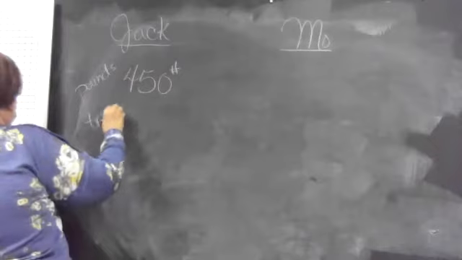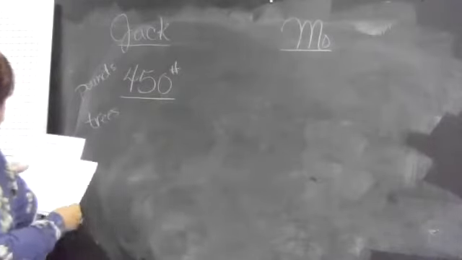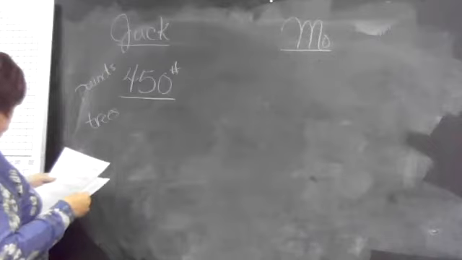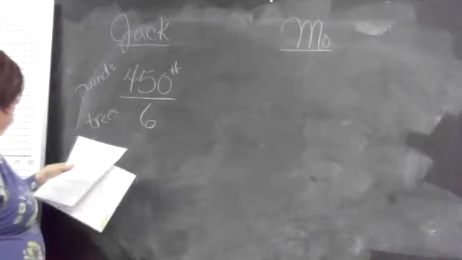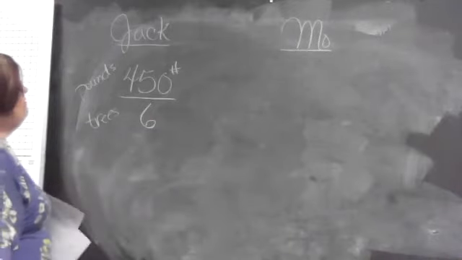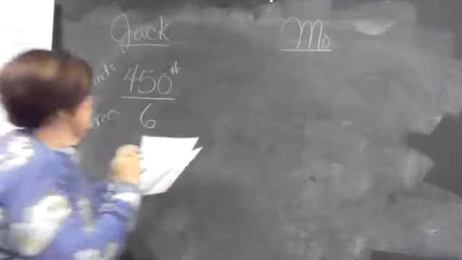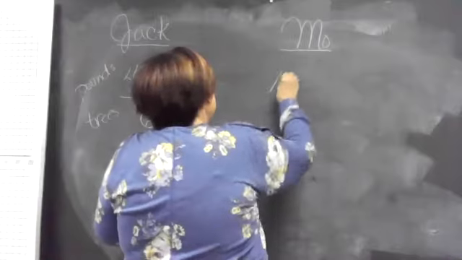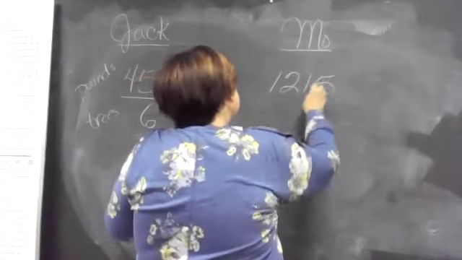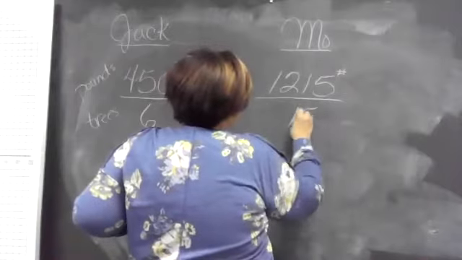Those are the things we're comparing, but we're comparing it for each person. They said Jack had 6 trees. Over here, they said that Mo had 1,215 pounds, but he had 15 trees.